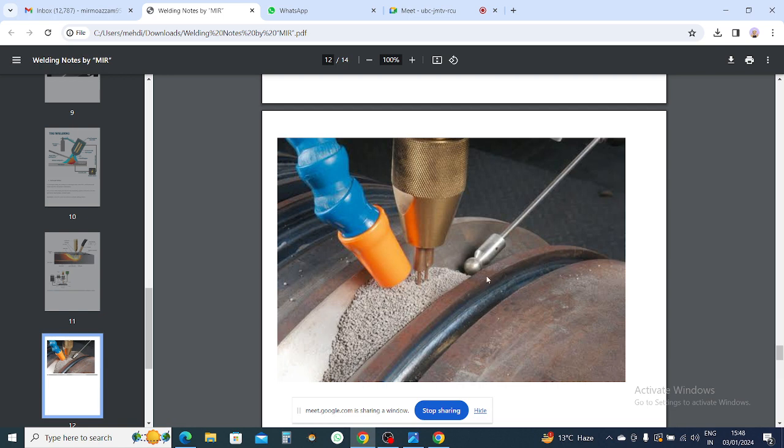These are the original pictures. The granules are here, and they come from this pipe, and this is a holder. This one is not a consumable electrode, but here is the consumable electrode that is consumed.